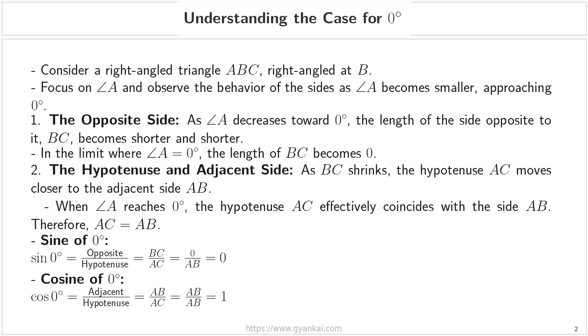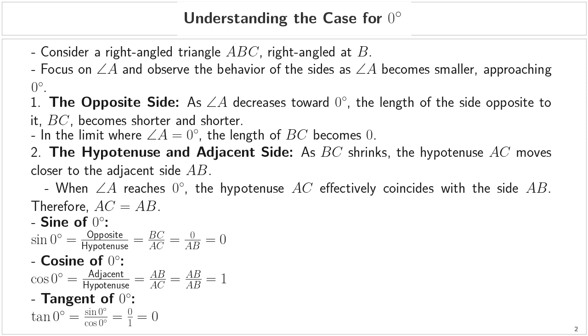Here, the adjacent side is AB, and the hypotenuse is also AB, so we have AB divided by AB, which simplifies to 1. Finally, for the tangent of 0 degrees, we can find this by taking the sine of 0 degrees divided by the cosine of 0 degrees. That gives us 0 divided by 1, which results in 0.